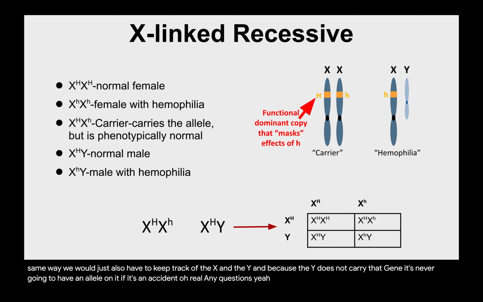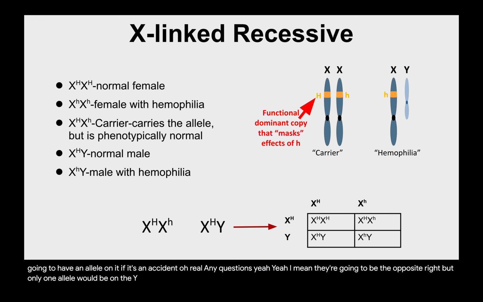It would kind of be the opposite, right? Only one allele would be on the Y, and that would be the only allele present, because there's only one Y in the cross.